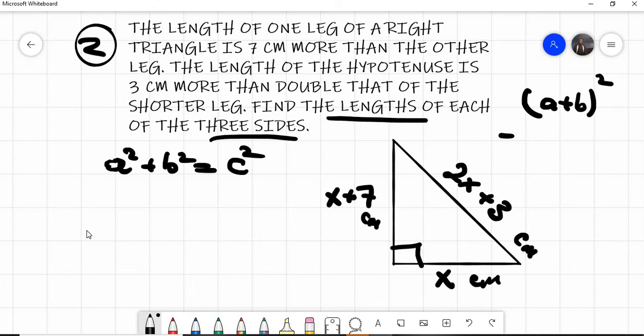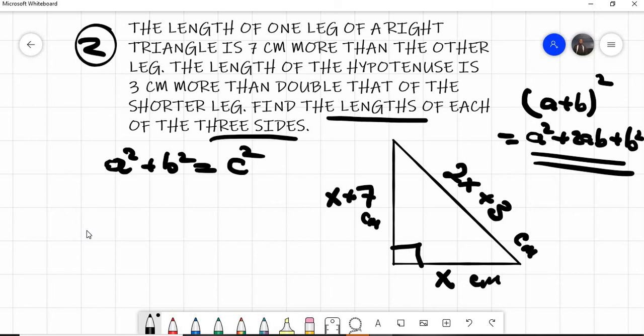So this one is gonna be a squared. First term we're gonna square. The inside we have to multiply. A times b is ab, and then we double, 2ab, and then the last one we square, plus b squared. This formula we need after the Pythagorean theorem. So those are 2 important formulas we need for the day.